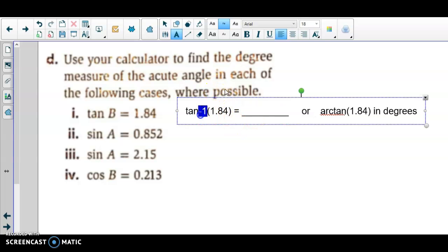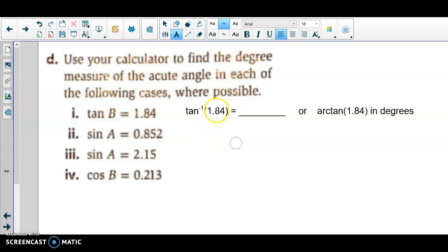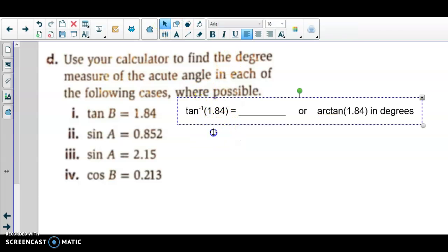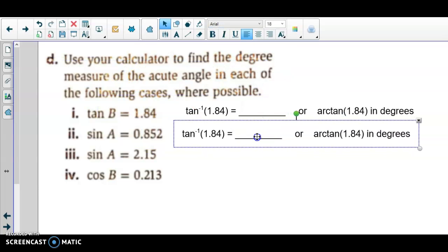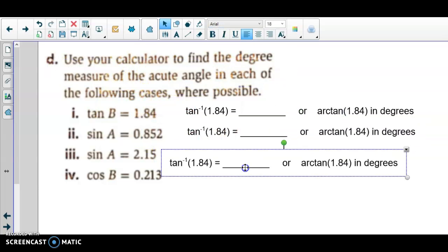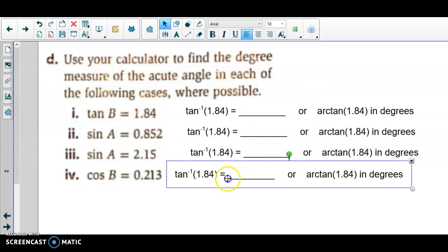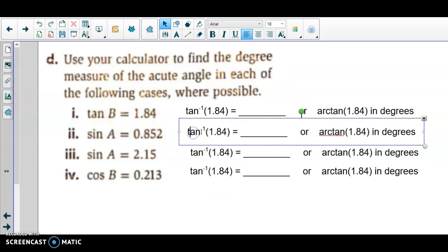And the only thing that's going to change here is that this format is the same for all these. You just have to pay attention to which function you're given. So here you have sine, so this is going to be a sine instead of a tangent. And then what do you get? 0.852. Just replace that in there and type that in.